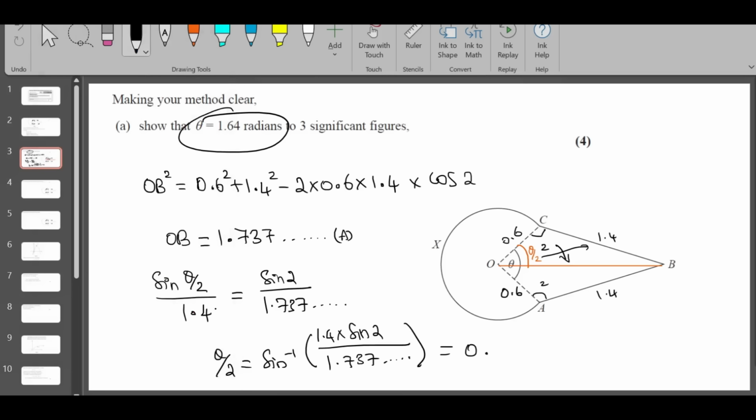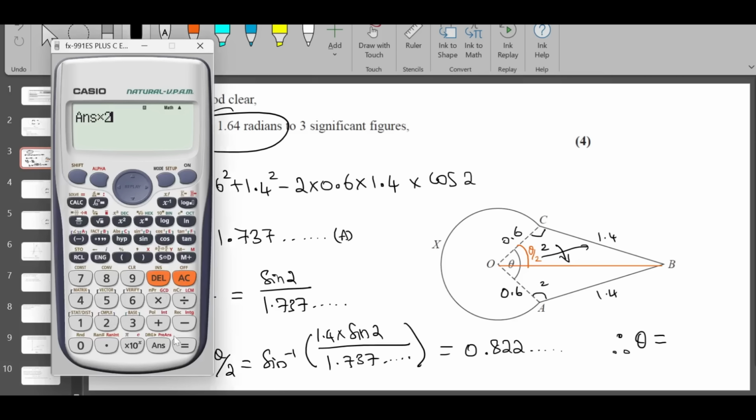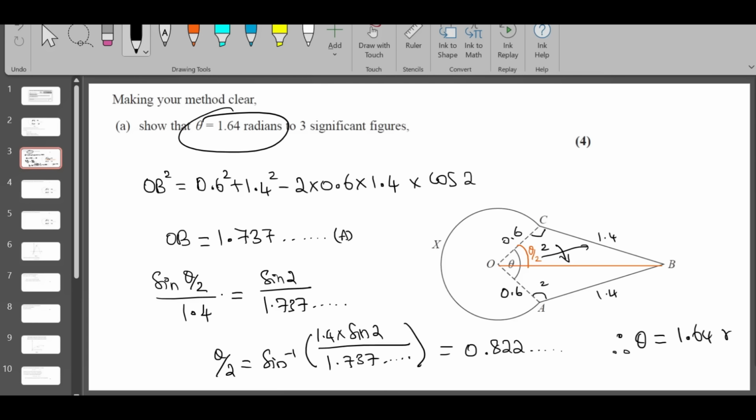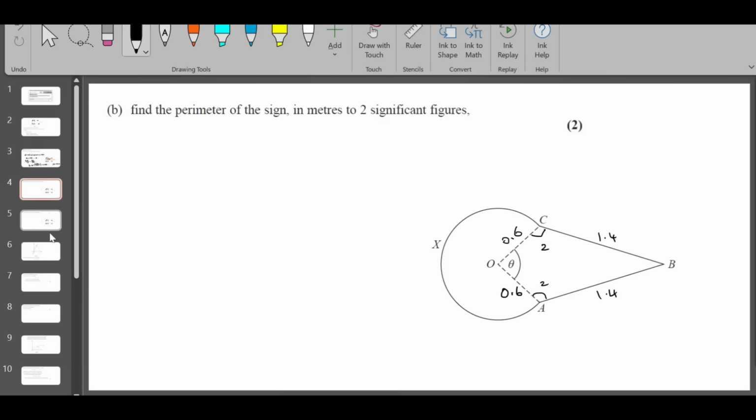Because we are not finding theta, we are finding theta over 2. Therefore, theta is equal to, you multiply this value by 2, you will get to 3 significant figures 1.64 radians. That's all.